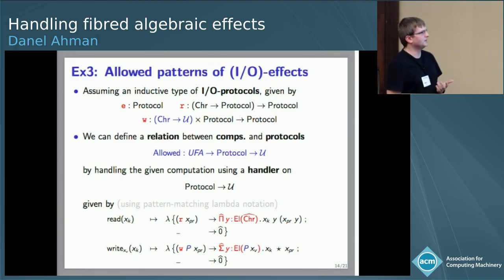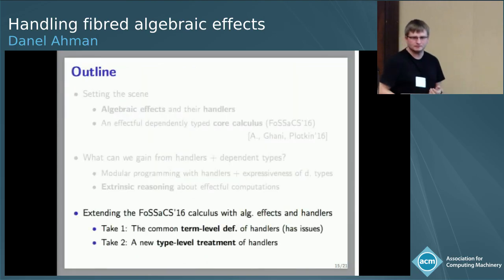The idea is to define a handler on this function type where what you're mapping an operation to depends on what the protocol is. So if the protocol starts with the corresponding operation, then you do what we did before: you quantify over the return values. But if it doesn't start with a corresponding operation, you just give back false.